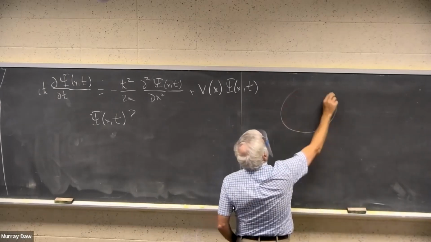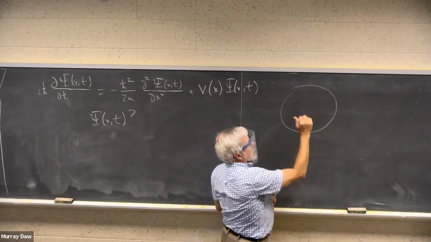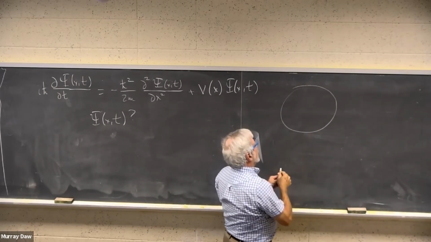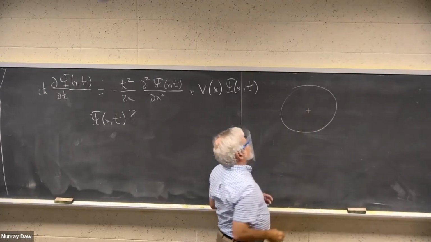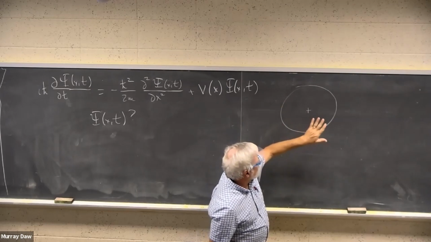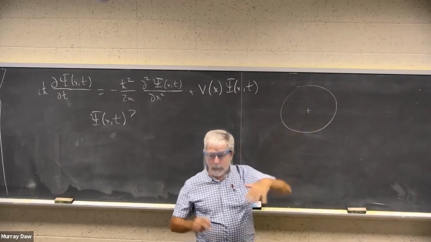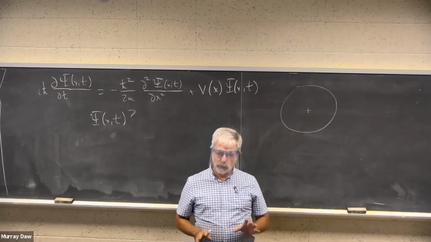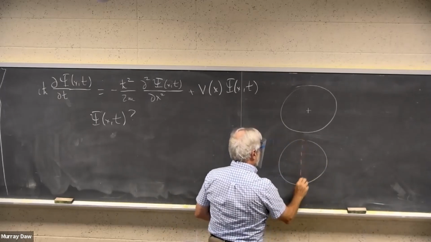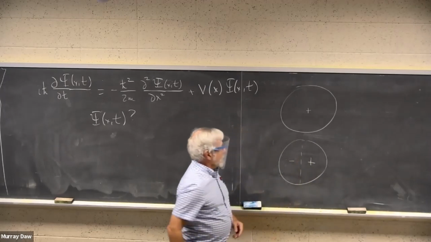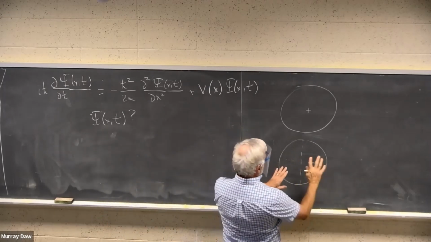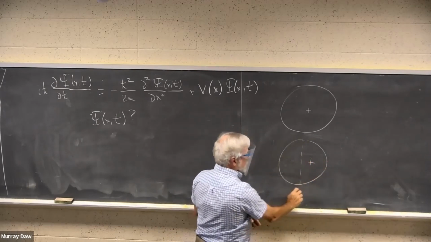So for example, let's take a drum head like this, and we can have a mode where the drum head is going up and down like that, flexing in and out. I'm going to draw it like that, which means that everything comes up, or then it flexes down. That would have the base frequency, the lowest frequency of the drum head. You could also, if you're good at it, excite the drum head in another mode of vibration, which would be up here and down here with a node in between.